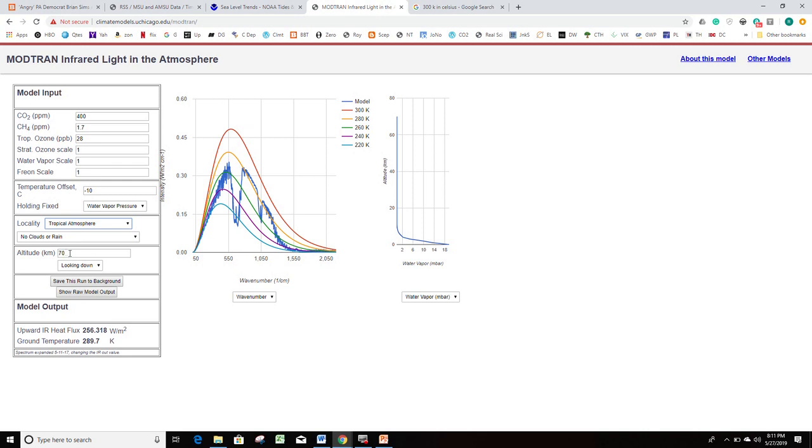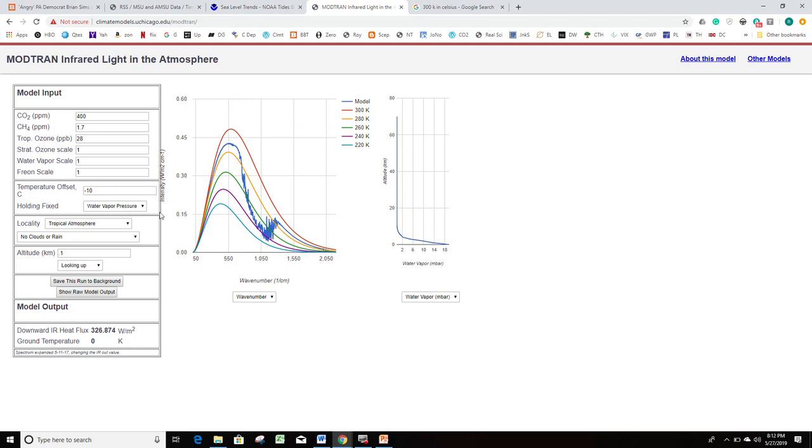So this is the entire atmosphere, but what we're concerned about is the lower atmosphere. So why don't we change this to 0.1 kilometer, and we're not going to look down. We want to look up. We want to see what the back radiation is. What is CO2 pushing back at us?